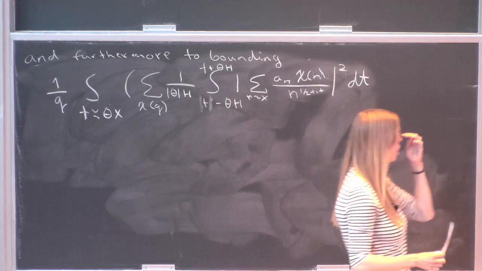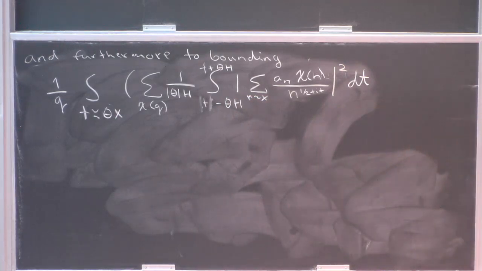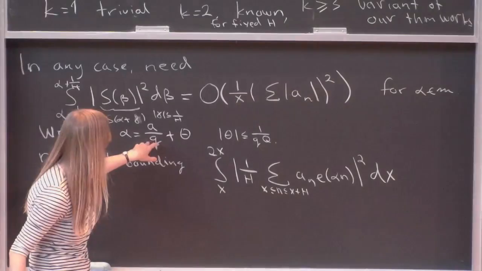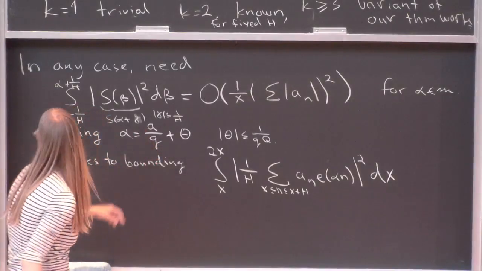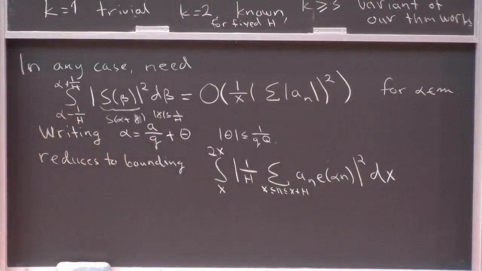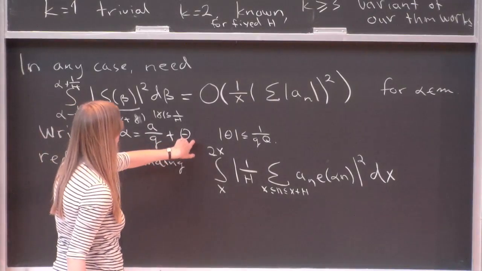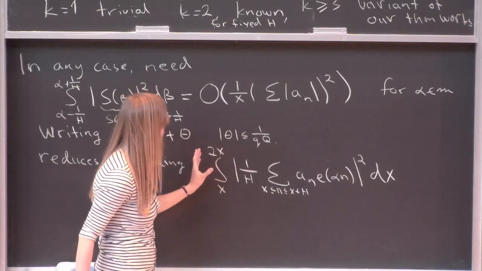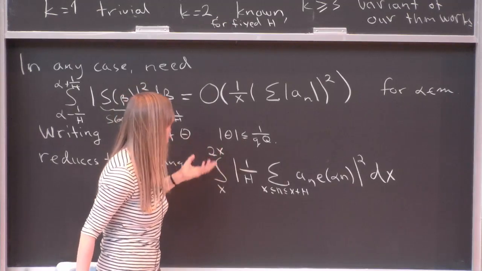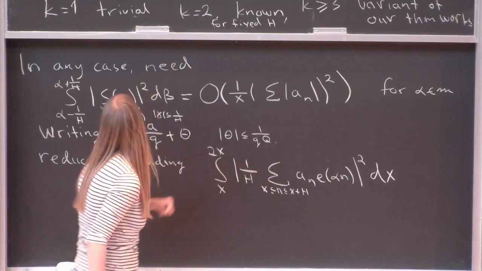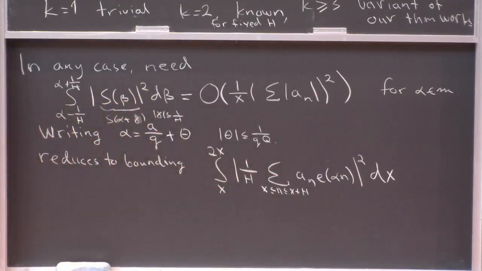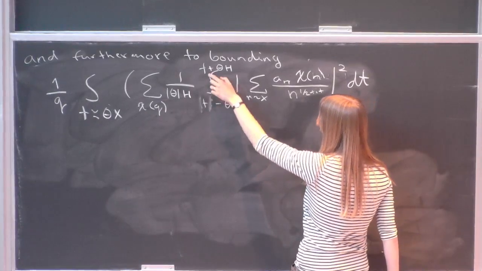So we had this e(alpha n) here, and it was a over q plus theta. And this a over q goes into this sum over characters mod q. And this theta affects, when we integrate over x and everything else, the stationary phase method so that we get these integrals to be from t minus theta h to t plus theta h.